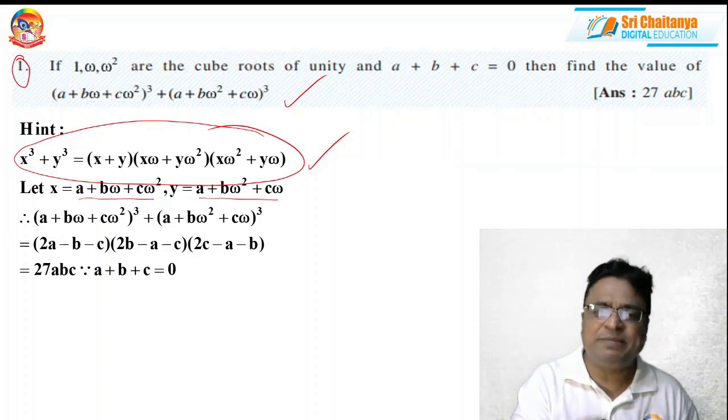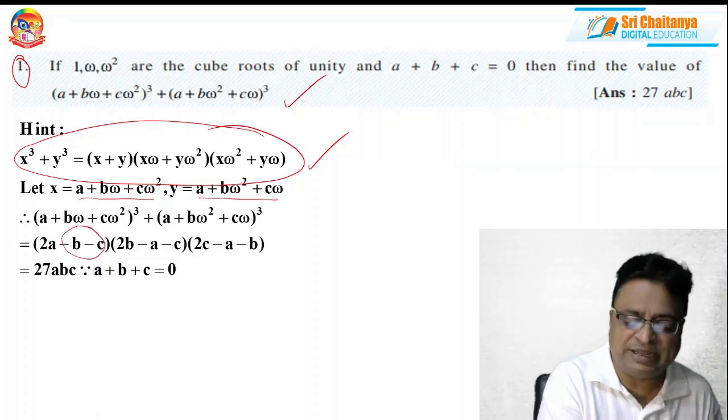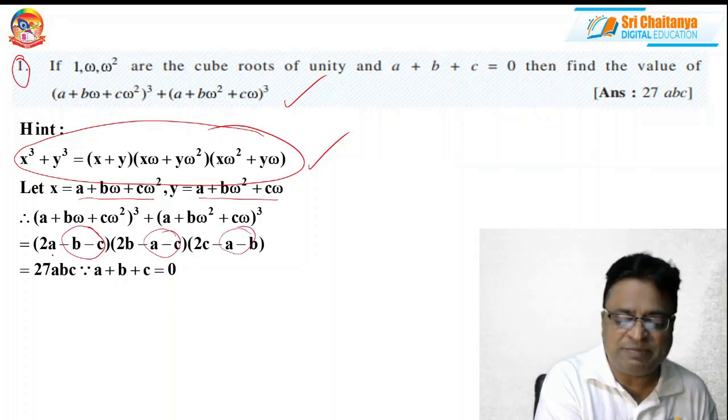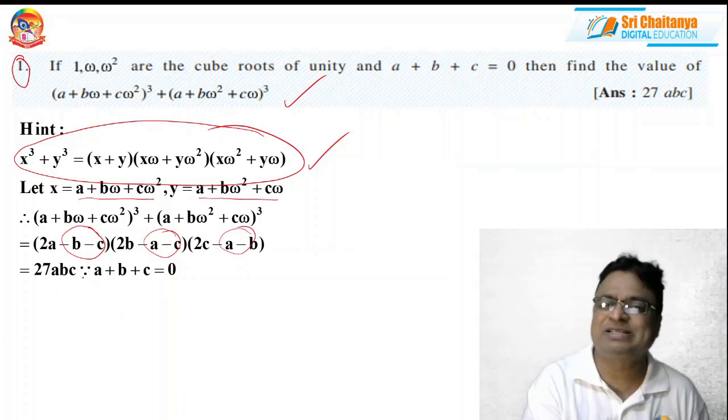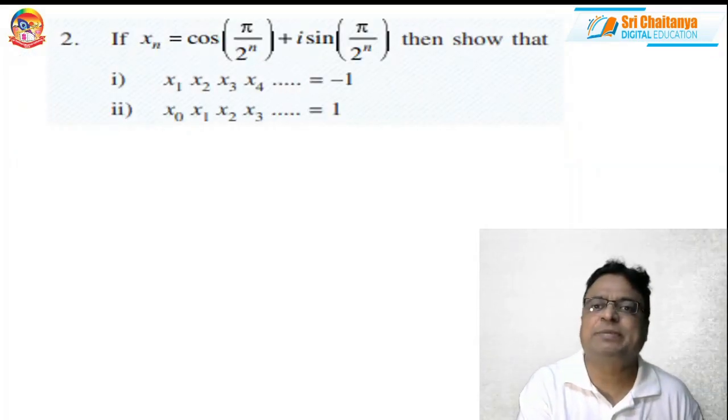So this is the way, because a plus b plus c equal to 0, you replace this with minus a, this with minus b, this with minus c. So this means 3abc, 3abc, 3abc. So 27abc. You will get the answer like that. That's the reason. Okay.